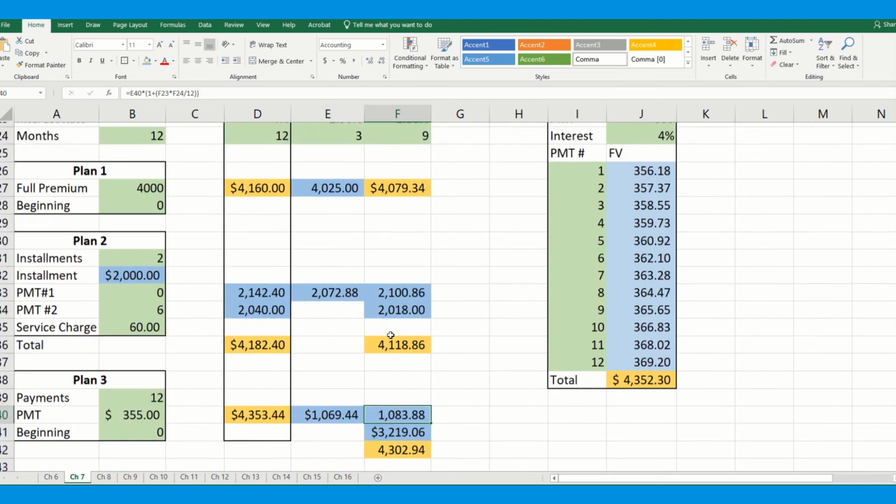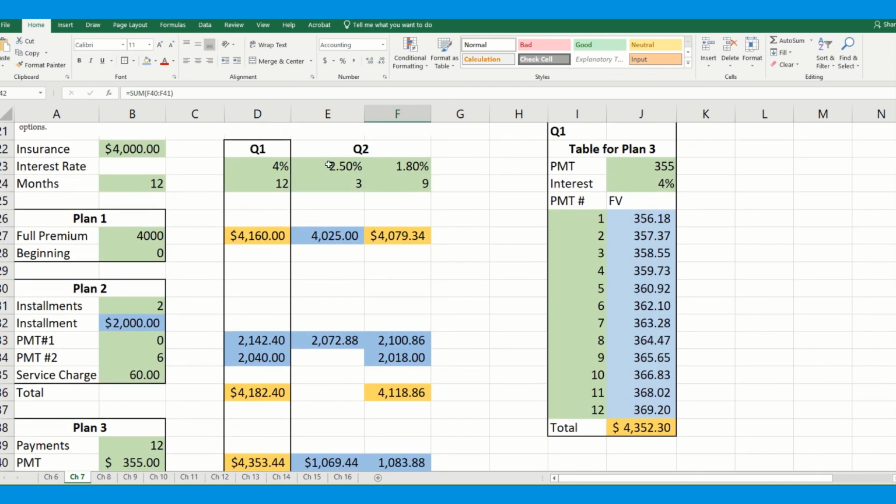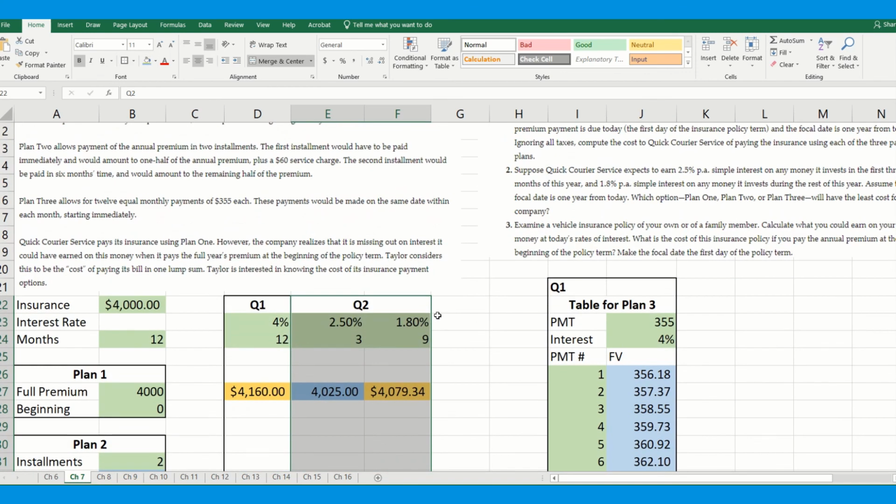So we'll see there's going to be a difference, and that difference is because the future value formula assumes compound interest. We're using simple interest, so that's why we're going to see a bit of a difference. Okay, so this one is question 2, and we'll stop. Put that as a square, and then I'll come over here and do question 2 as a table as well.